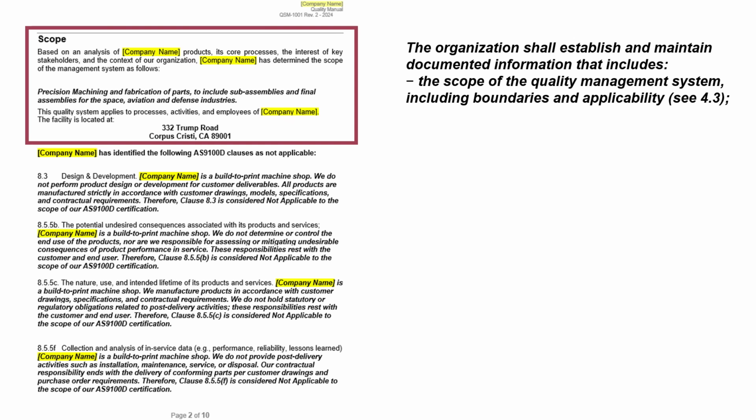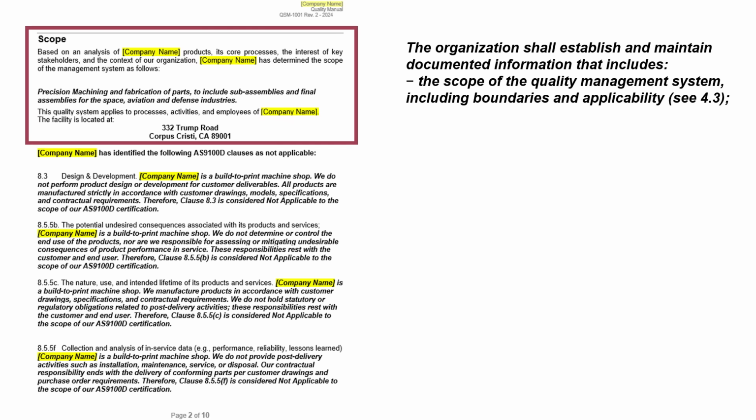Company is a build-to-print machine shop. We do not perform product design or development for customer deliverables. All products are manufactured strictly in accordance with the customer drawings, models, specifications, and contractual requirements. Therefore, Clause 8.3 is considered not applicable to the scope of our AS9100D certification.